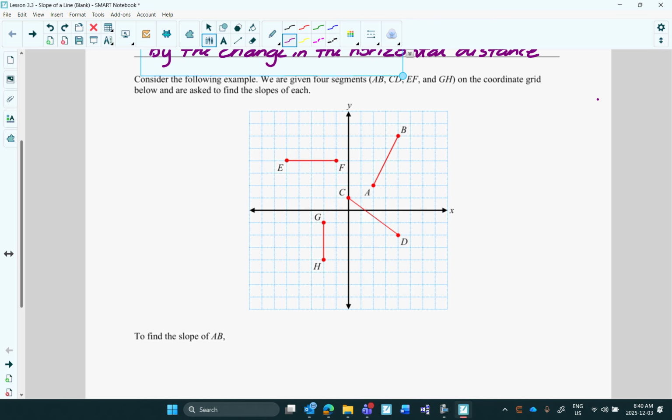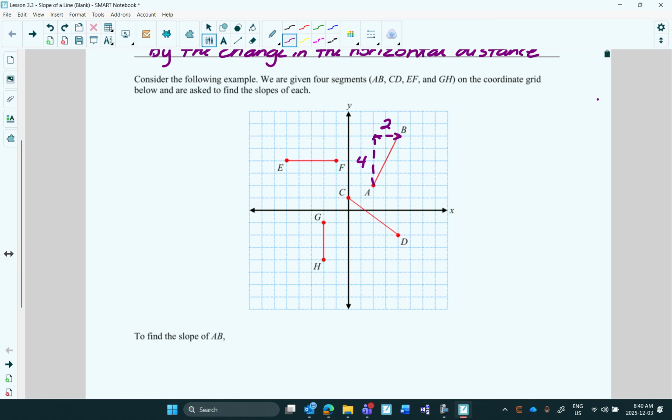So if you look at A, and if I went from A to B, how much would I have to move vertically to get to a level of point B? 4. And because I moved up, that's positive. So now I'm here, but I have to move horizontally to actually get to B. How much did I move horizontally? 2.